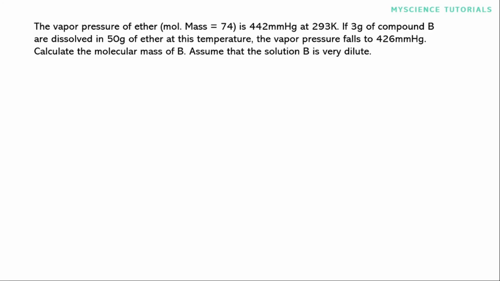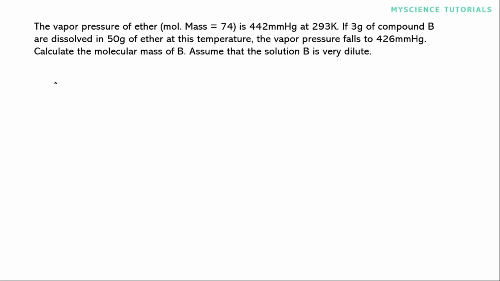If 3 grams of a compound B are dissolved in 50 grams of ether at this temperature, the vapor pressure falls to 426 mmHg. We have to calculate the molar mass of B. Assume that the solution is very dilute. This one, they are being specific. They told us that we are to assume that the solution B is very dilute.